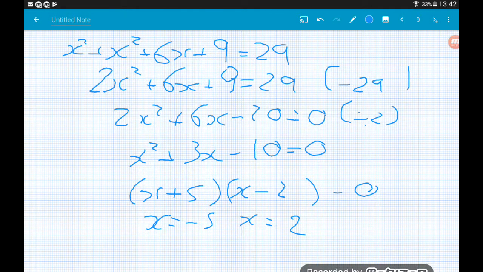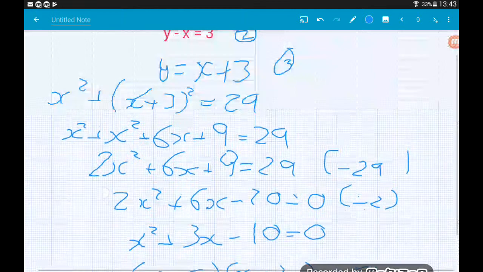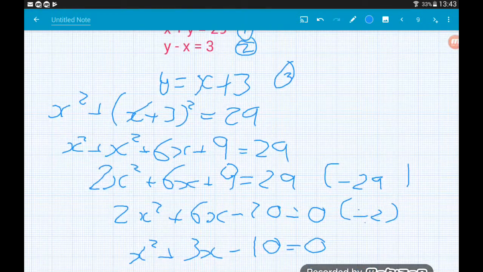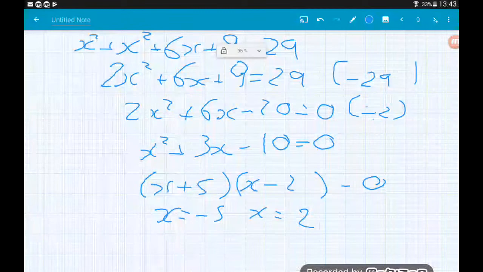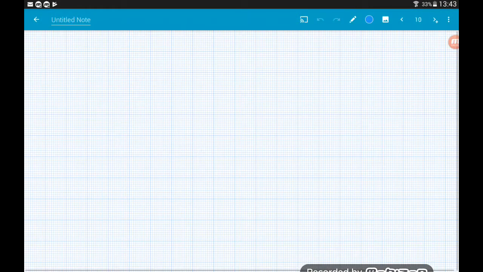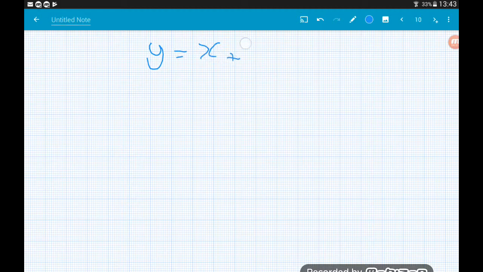So the equation that we're going to use, equation 3 there, so y equals x plus 3, because that's set up to tell us exactly what y is when we know what x is. Okay, so we're going to use y equals x plus 3, and x was equal to minus 5, and x was equal to positive 2.